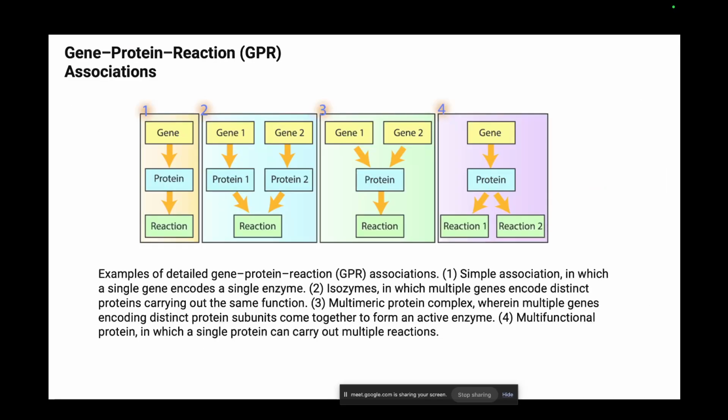Okay, now let's move on to some examples in terms of gene-protein interactions. In terms of gene-protein interactions, there can be various types of interactions. So here are four kinds of interactions shown. A particular gene giving a particular protein which is involved in some reaction, then other genes giving different types of proteins.